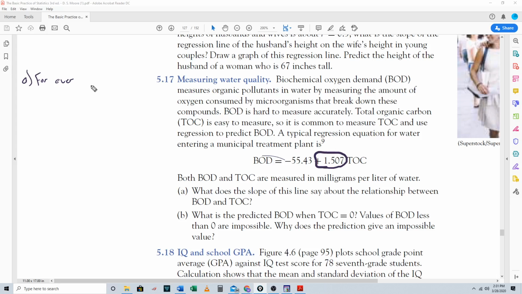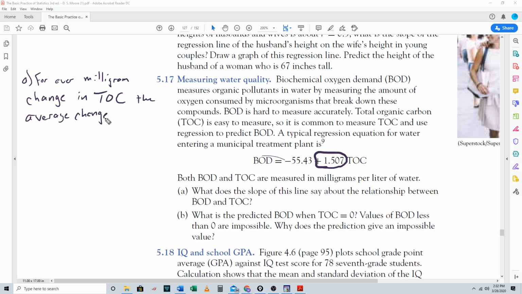So for every milligram, because that's the unit of measurement, so for every unit of measurement, in this case milligram, change. So every milligram change in TOC, which is total organic carbon, the average change, you want to use the word average, change.